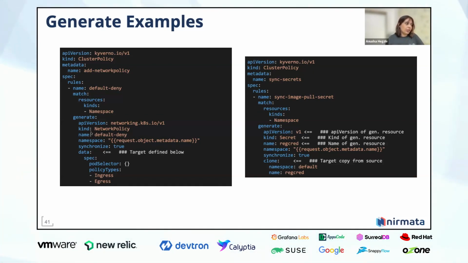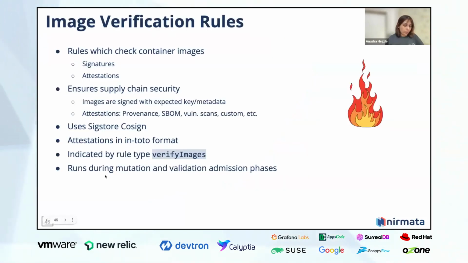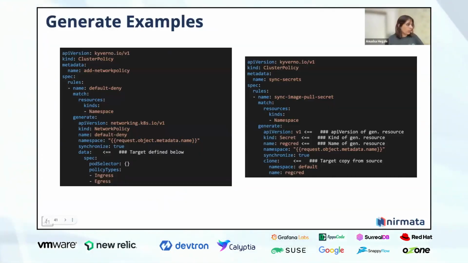This is the API version and kind. We are going to generate or create a network policy here. And this is the data spec. If you write a network policy in general, you are going to write the spec for it. And you are by default denying any ingress or egress in this namespace.